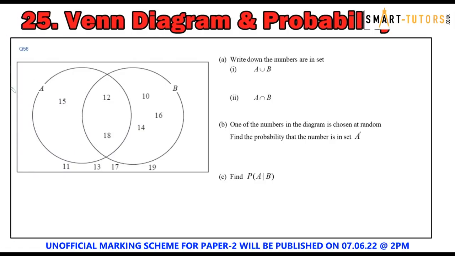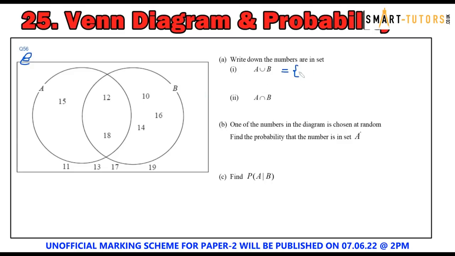Topic number 25, Venn diagram and probability. So the Venn diagram is given here with all the numbers marked, and they're asking a couple of questions. Let's have a look. So this is the universal set, and write down the numbers in set A union B. You need to open a curly bracket and write all the numbers inside the A and B circles.